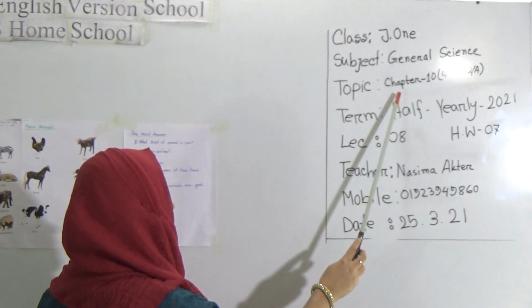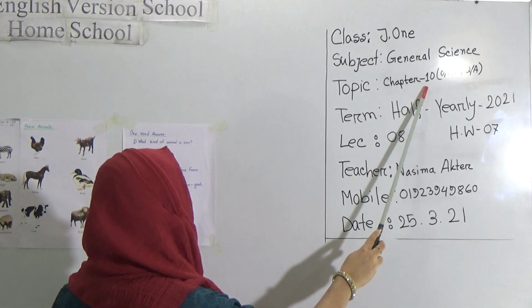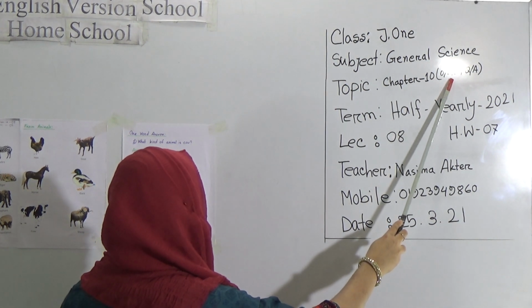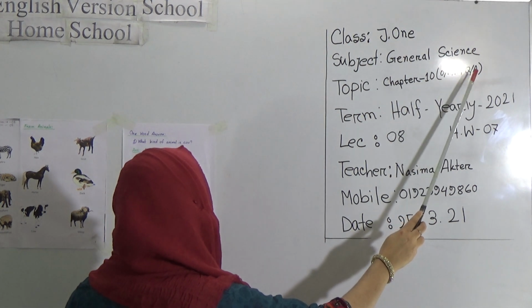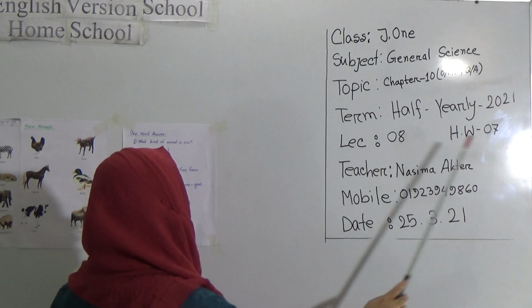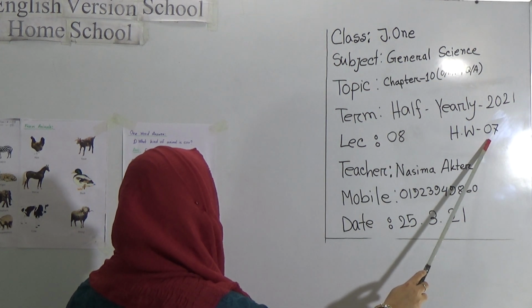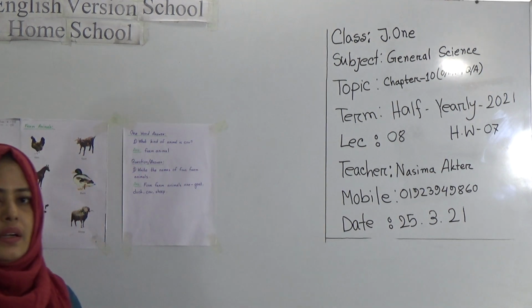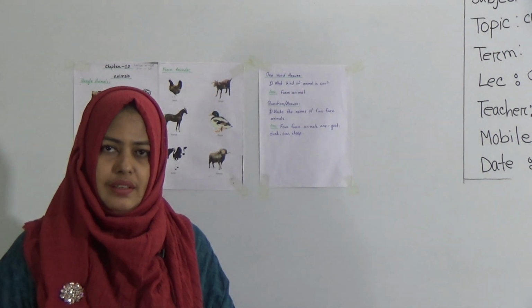Our today's topic is chapter 10 and today we will write one word answer and one question answer of this chapter. This is lecture number 8 and our today's HW will be 7 number HW. So dear students, let's begin the class.